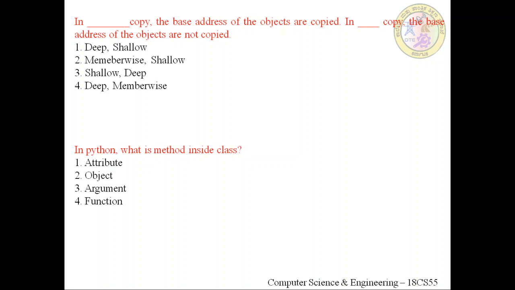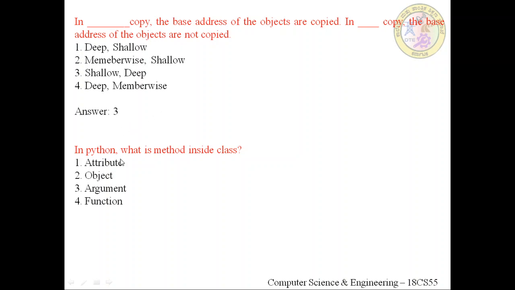The options are deep, shallow; second, member wise, shallow; third, shallow, deep; and the fourth, deep, member wise. So what is your answer? The answer is the third one. In shallow copy, the base address of the objects are copied. In deep copy, the base address of the objects are not copied. So that is what we have seen in the example.